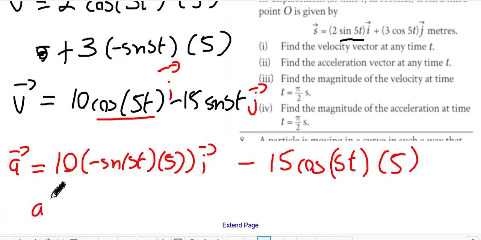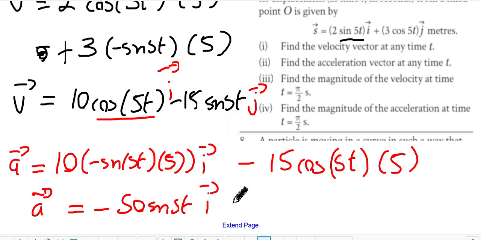And then your a value is, what do you say? Minus 50 sine 5t i, yeah. Minus 75 cos 5t j. Is that okay?